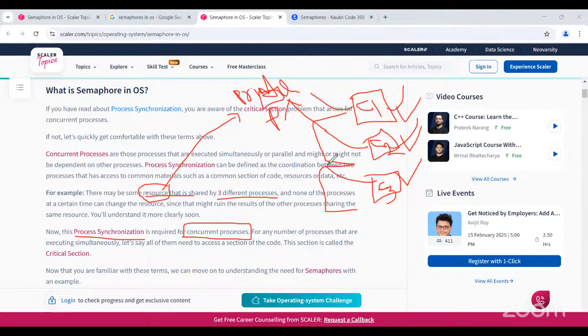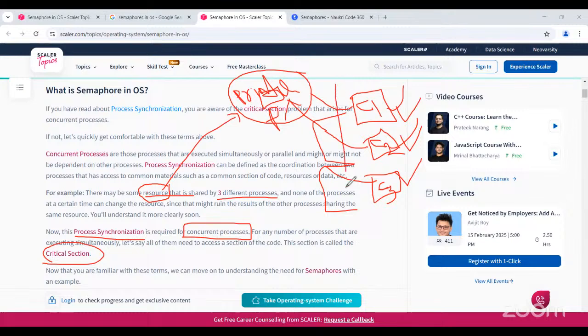This is called the critical section. They need some kind of time interval to access this printer resource. As they do not have any proper time interval, that is the problem actually. This is the critical problem.